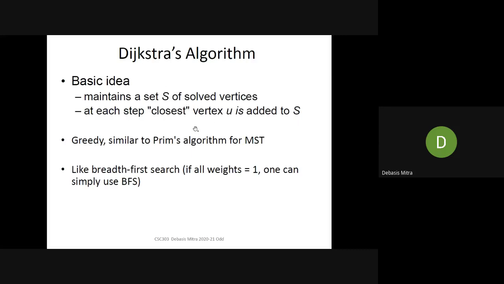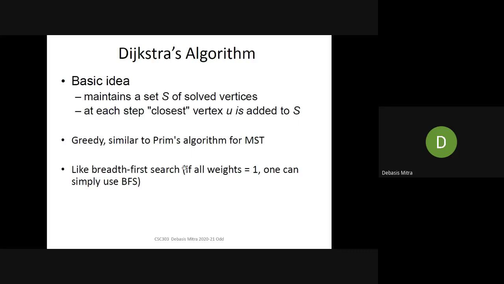Closest means having the least distance, just like in MST. But the computation of this closest vertex will slightly vary, since it is not MST formation, it is shortest path formation. We'll see. Just the definition of closest will be slightly different from Prim's algorithm.